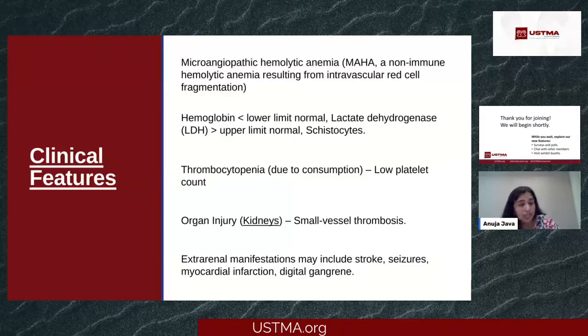Patients might have schistocytes when they do a peripheral smear. There is a specific blood test called lactate dehydrogenase or LDH, which is elevated. Because of the blood clot, there is also platelets that are consumed, and that leads to low platelet count or thrombocytopenia. And because the blood flow is obstructed due to a blood clot, it leads to organ injury because of infarction or because of decreased blood flow.